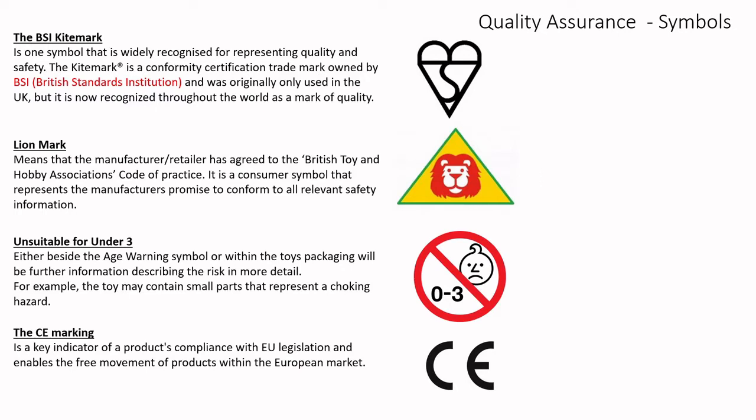So what companies need to do if they want to sell a product in Britain is have it tested to British standards. If it hasn't met those standards, then it's not allowed to be sold. And if they do try and sell it, then they're open to lawsuits if someone gets hurt. There have been instances before where companies have not had their things quality checked and there has been serious injury or even death, and that has led to lawsuits and people being prosecuted and serving jail time.